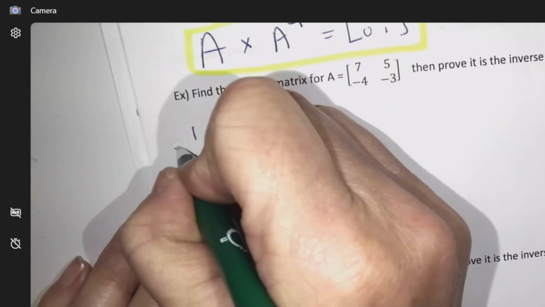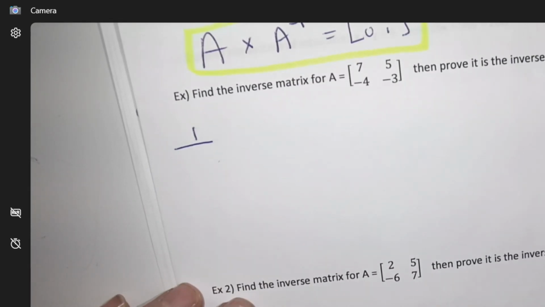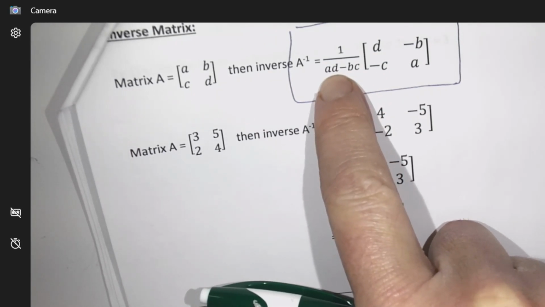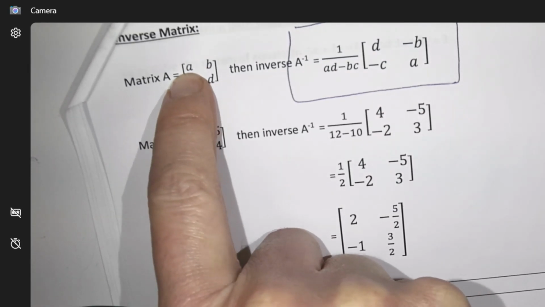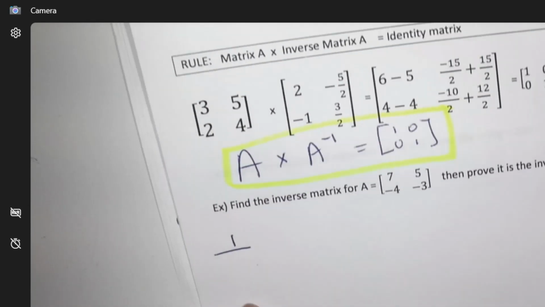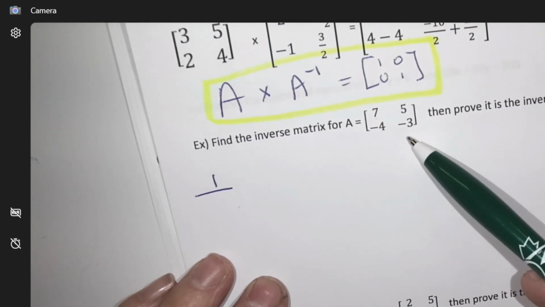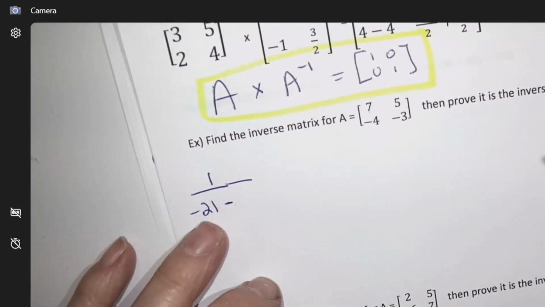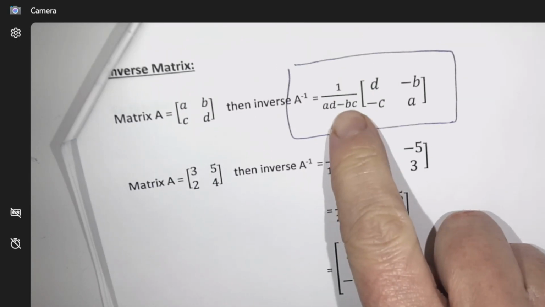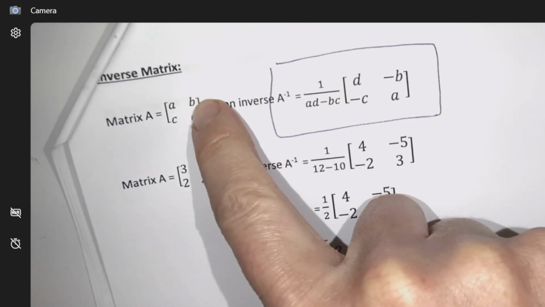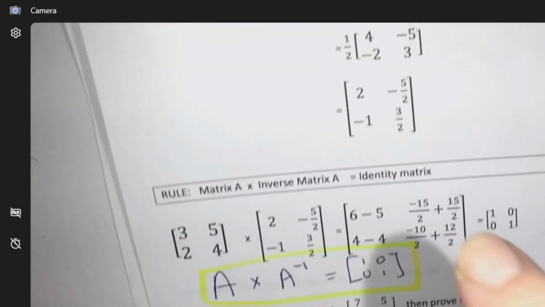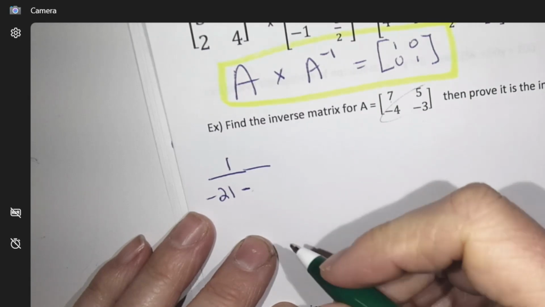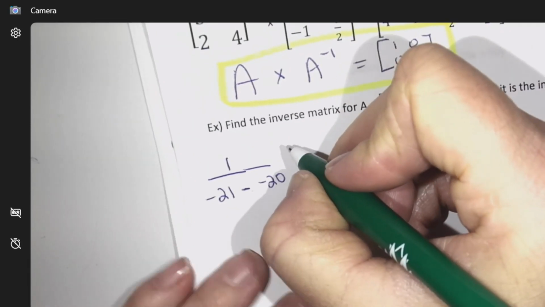Okay, here we go. 1 over A times D. So you need to do top left times bottom right. So top left times bottom right. So negative 21 minus B times C. So top right, bottom left. 5 times negative 4 is negative 20.